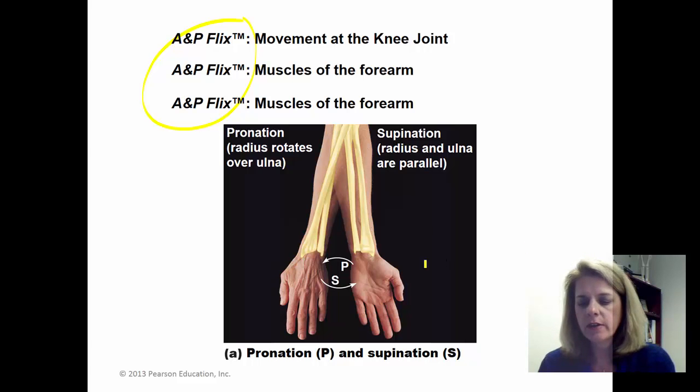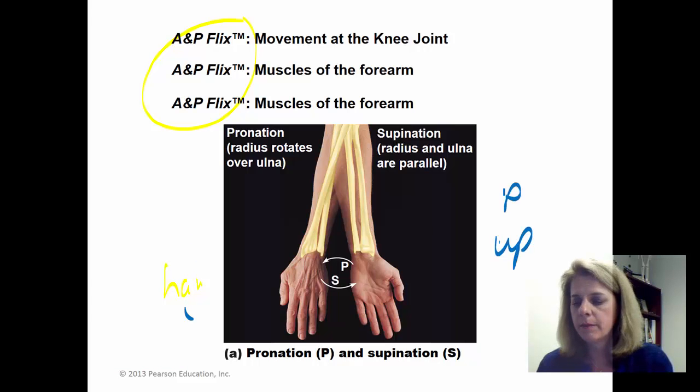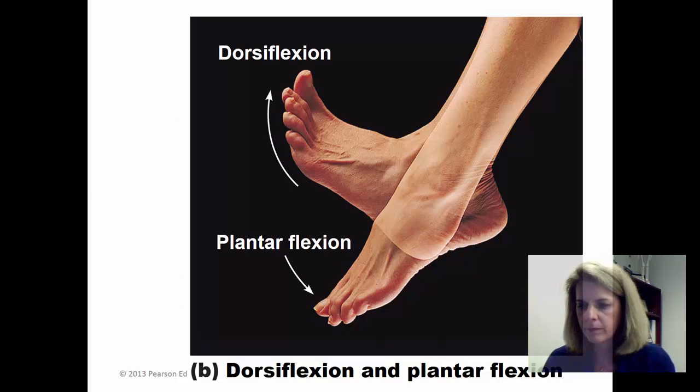So pronation is turning your hand down. I need to change colors. Here you go. It's turning your hand toward the ground, and supination is palms up. Dorsiflexion and plantar flexion.